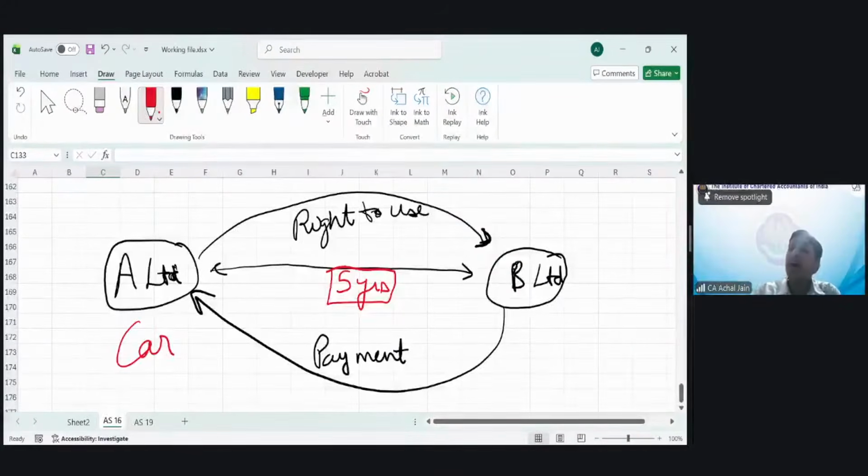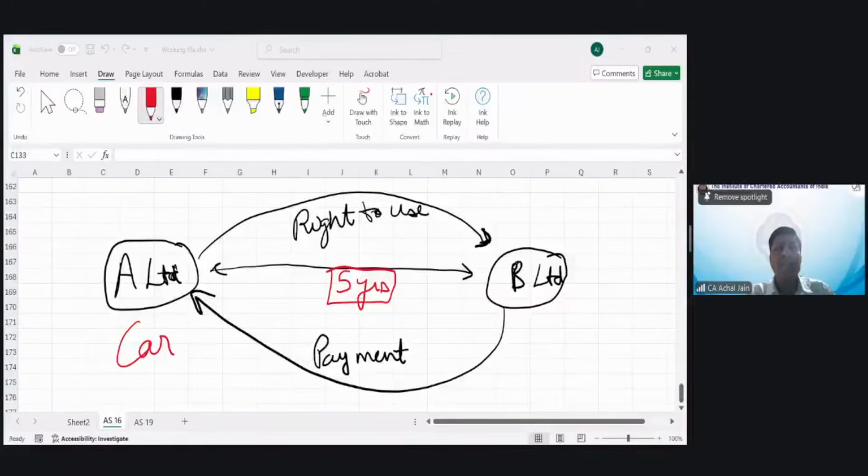So nowhere are we talking about transfer of ownership, because if we do that, it will become a sale transaction. We are not talking about sale. We are only talking about an arrangement wherein the right to use is given to B Limited.